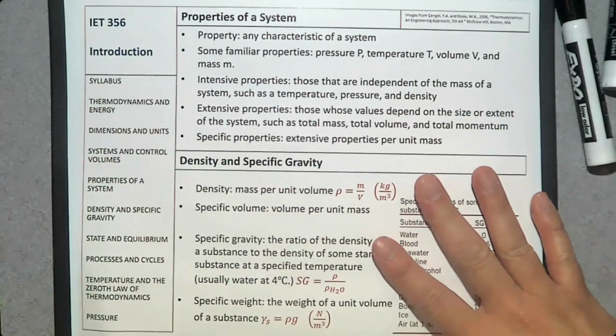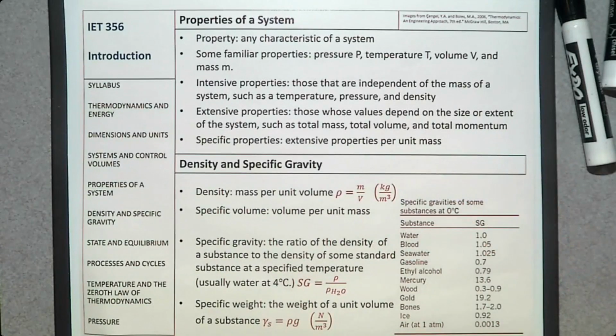Properties of a system. While we are studying thermodynamics, one of the goals is going to be to determine a property of a system. A property is any characteristic of a system. So when I say that there's a hot coffee inside, what do you say? Okay, the temperature of the coffee is going to be maybe 90 degrees Celsius. The temperature of the coffee is a property of the coffee.